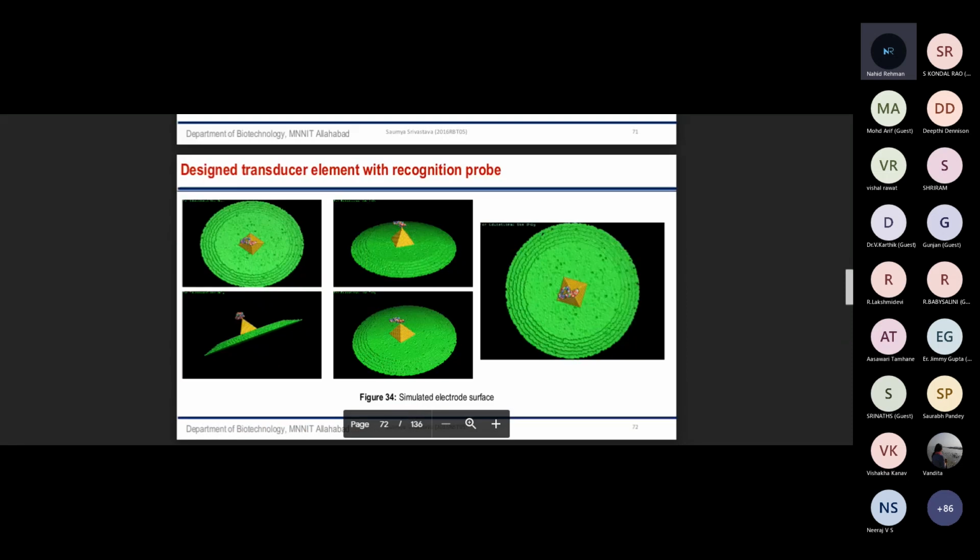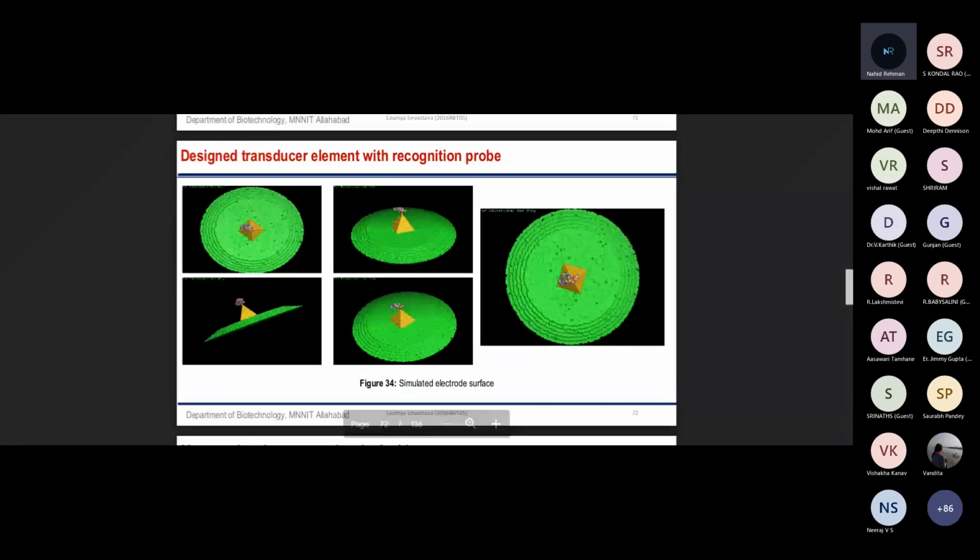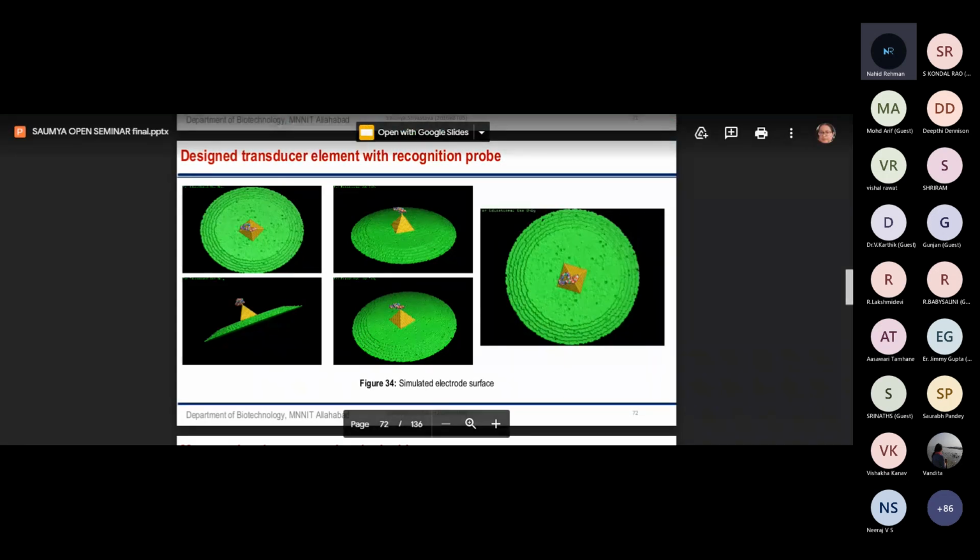Now you have the idea how it looks. I am just showing you how it is simulated using one of the software, just to give you an idea that graphene oxide is not looking like gold. Here you see it is a gold prism, but graphene oxide looks like a wafer, like a stage, and over that gold can be attached, and over the gold any moiety can be attached.